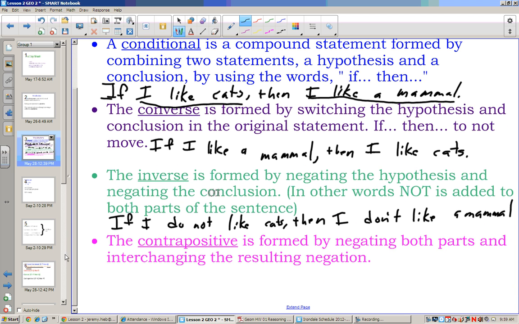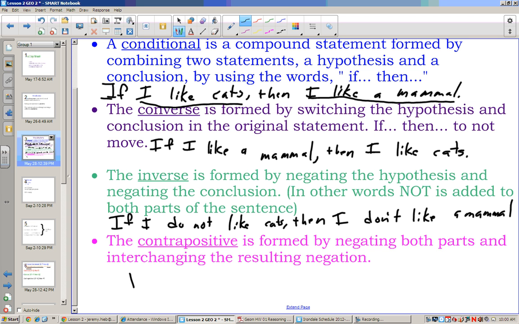Now our final statement we're going to learn about today is a contrapositive. A contrapositive is formed by negating both parts and interchanging the resulting negation. A lot of words. What we're doing is we're taking our original statement, flipping it around like we do in the converse, and then we negate both of them.